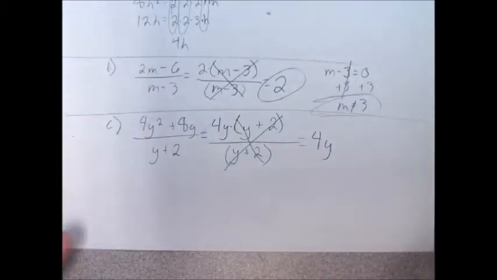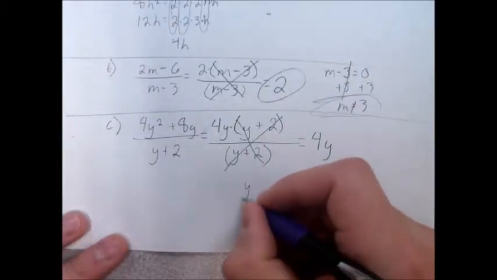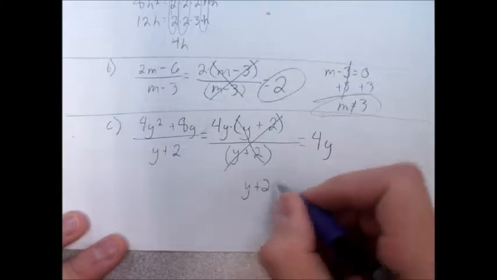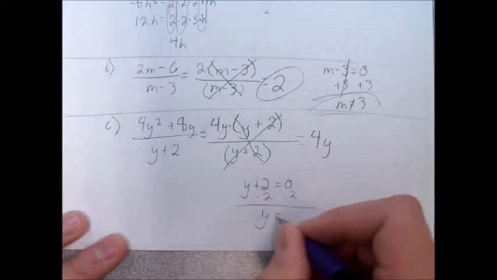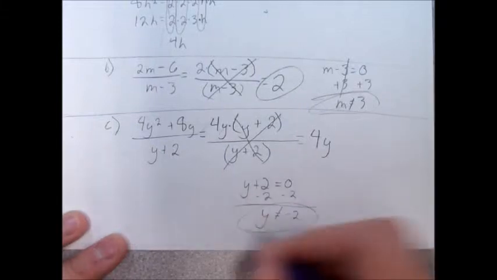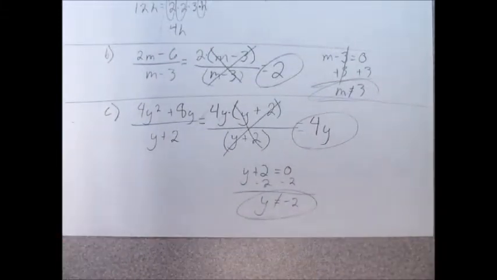Okay, we still have to do our excluded value, so I take y plus 2, set it equal to 0, subtract 2 on both sides, y then cannot equal negative 2. Part of my answer. Questions? Awesome. 2 more examples and we are done.